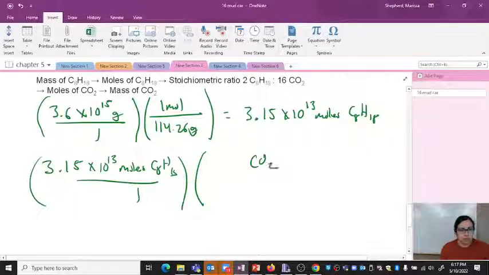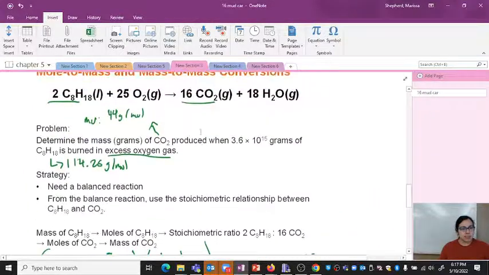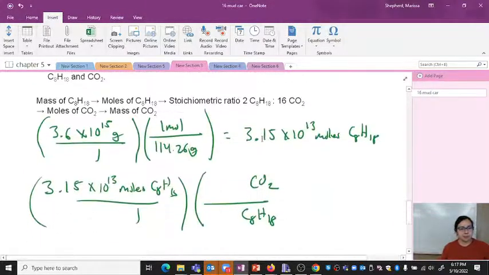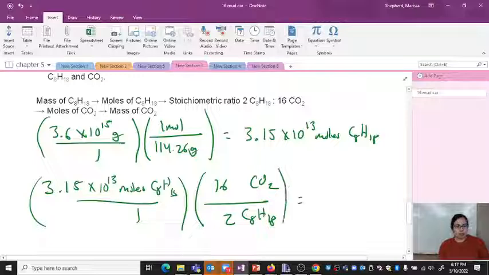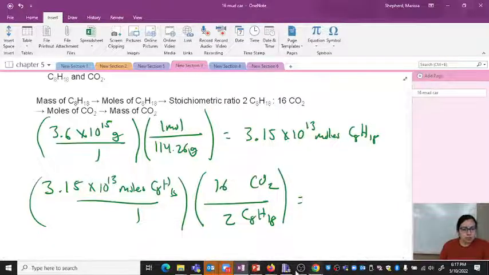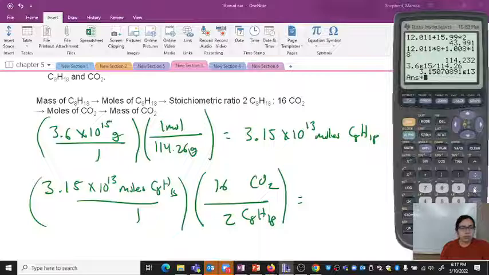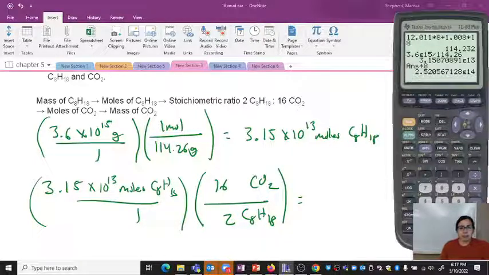So we put CO2 on top, octane on bottom, and grab the numbers from the balanced equation: 16 over 2. That's the same thing as multiplying by 8. So do we get like 2.52 times 10 to the 14 moles of CO2?